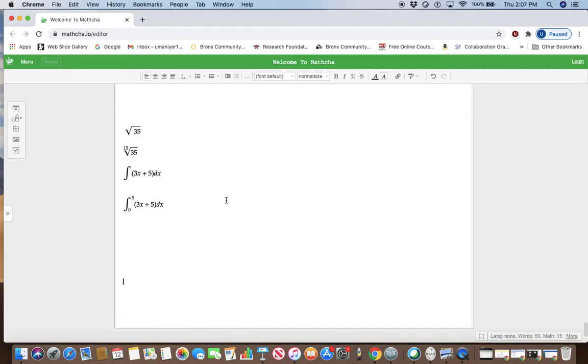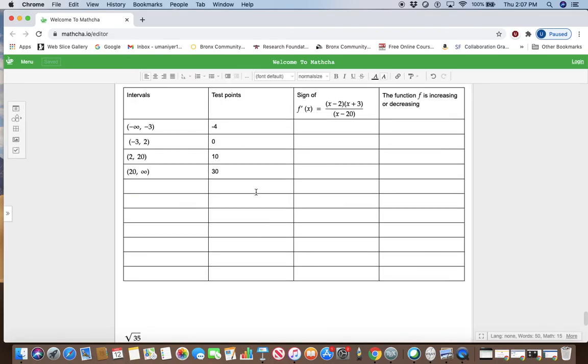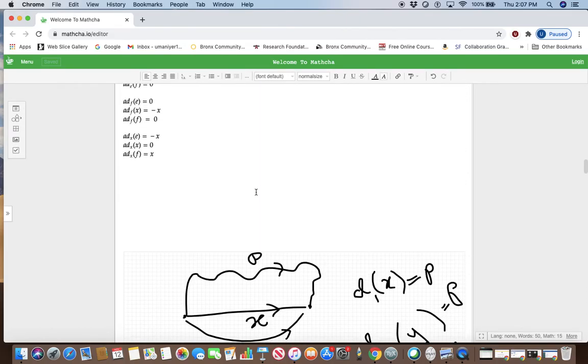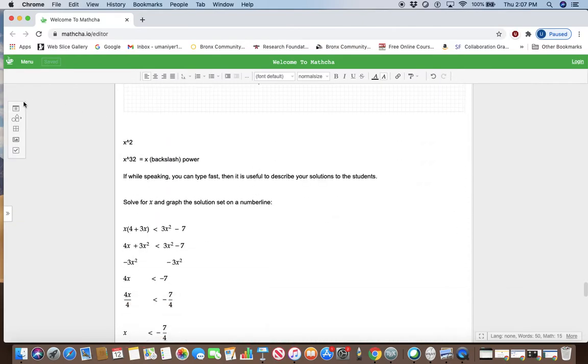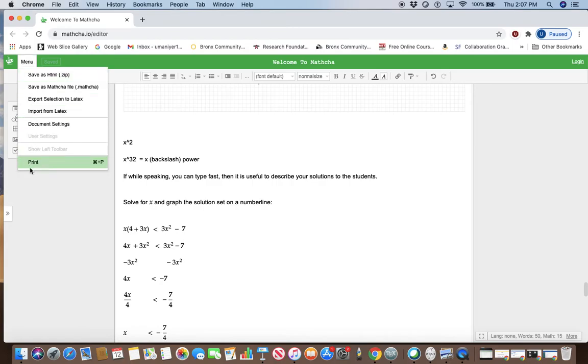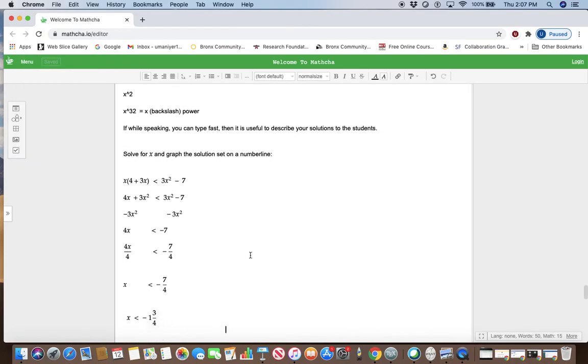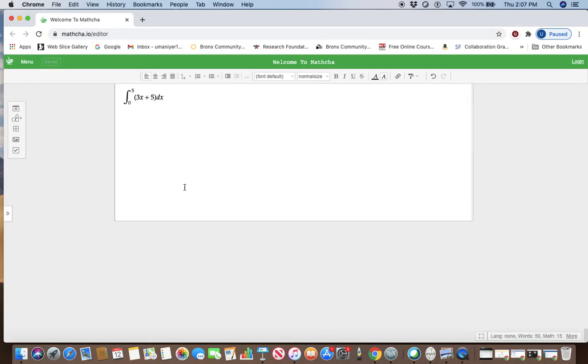Oh, one more feature I forgot to mention. The whole point of all of this is, say I have completed my lecture for the day. I go to my menu here, right? Do you see menu? If you go there, for me, I have a print option. If you don't see a print option, try Control P or Command P, right?